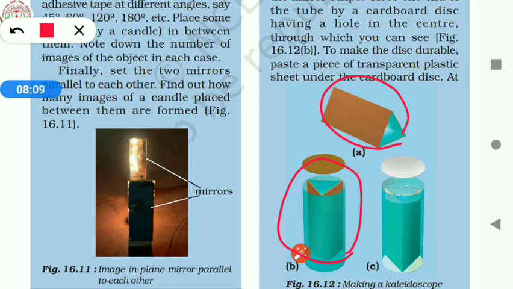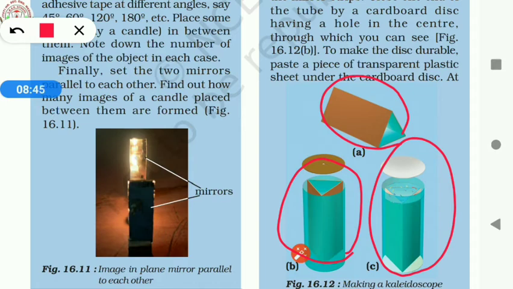To make the disc durable, paste a piece of transparent plastic sheet under the cardboard disc. At the other end, touching the mirrors, fix a circular plain glass plate. Place on this glass plate several small pieces of colored glass or broken pieces of colored bangles.